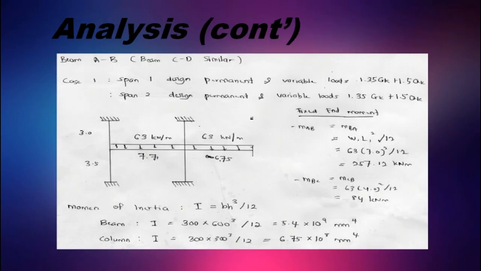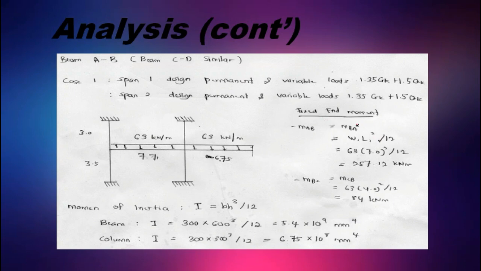The first thing that we have to do is to calculate the loadings of the beams. In the first case, where both beams are subjected to maximum loadings, the loads are 63 kilonewtons per meter for both beams.